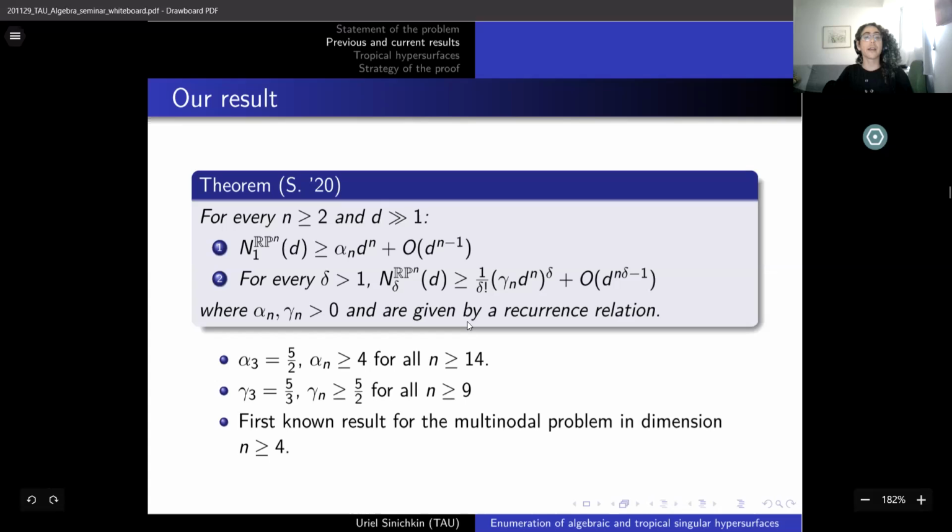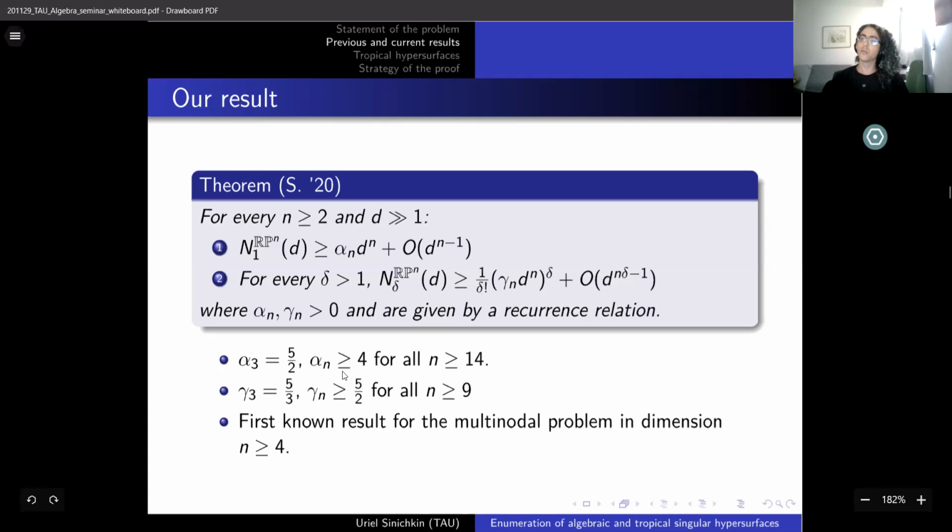So for surfaces in three-dimensional space, alpha 3 is equal to 2.5, which is bigger than 2. So it improves on previous results. And also gamma 3 is equal to 5/3, which is bigger than 1.5, which is Markwig, Schoen-Schustin's result. So it improves on it as well. For large values of n, alpha n and gamma n tend to a constant.